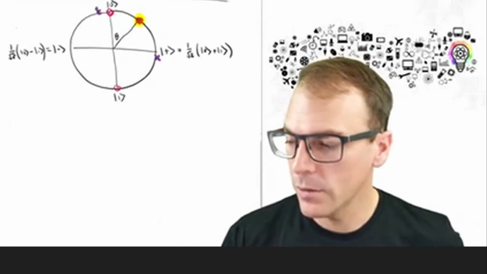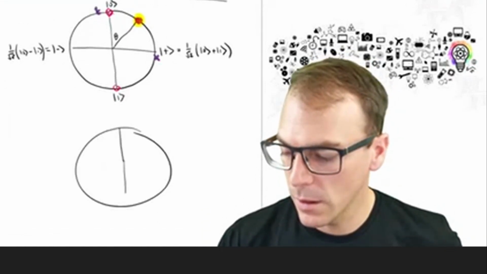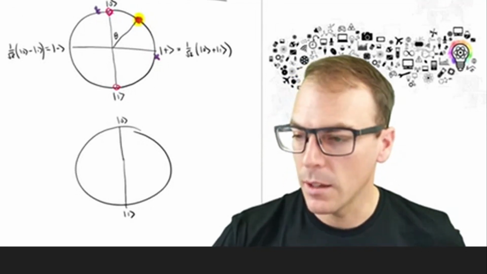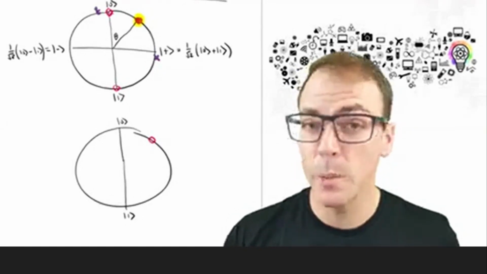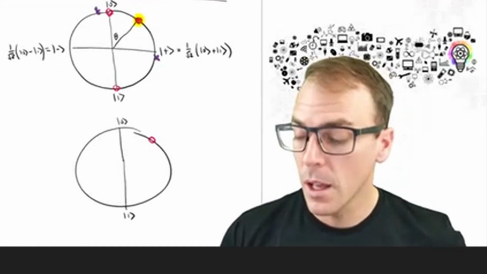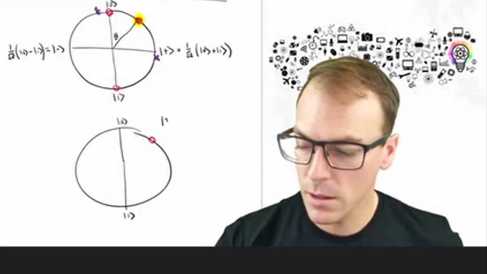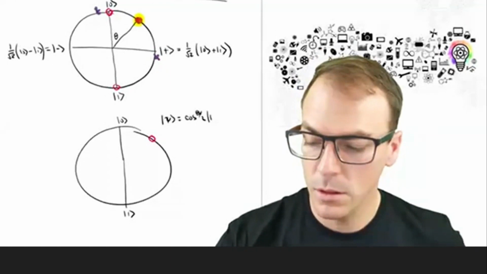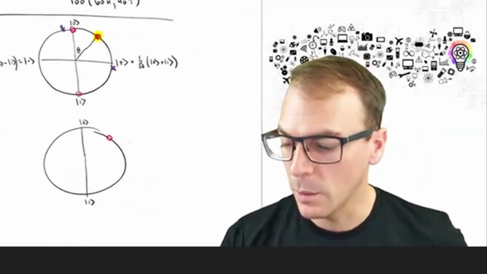So here I have done an experiment, and I have my 1 state and my 0 state, and here's the state that was actually prepared, which again I don't actually know was the state that was prepared. The state is psi, cosine theta over 2, 0.